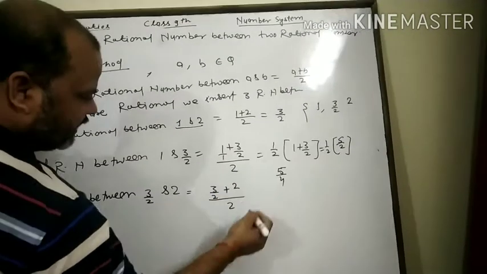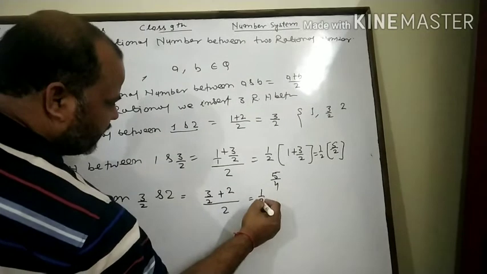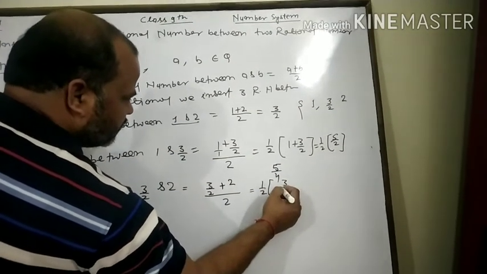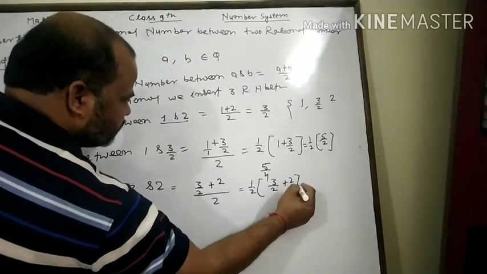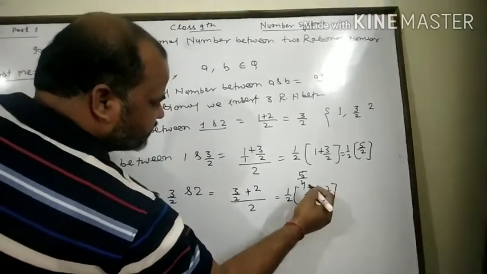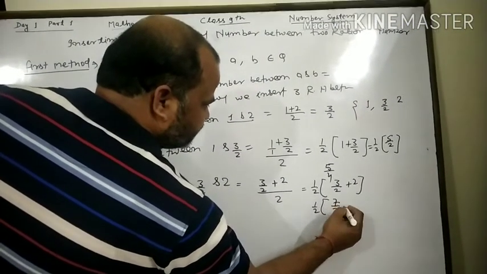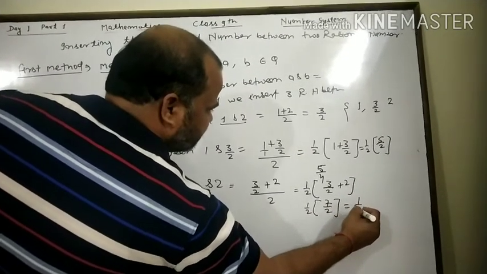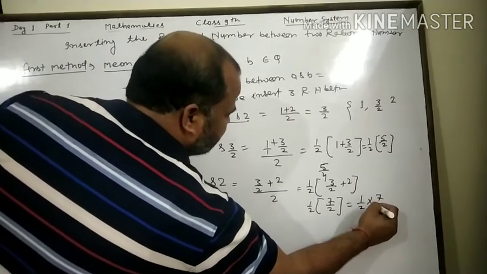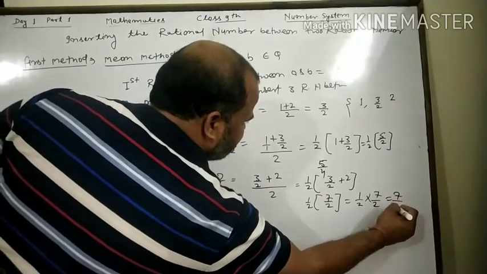Or you can write it like this, 1 by 2, 3 by 2 plus 2, 2 to the 4 plus 3 is 7, 1 by 2, 7 by 2, and breaking the bracket, 1 by 2 into 7 by 2 means 7 by 4.